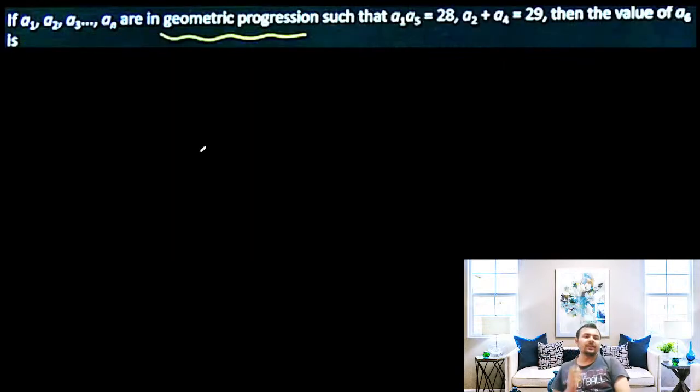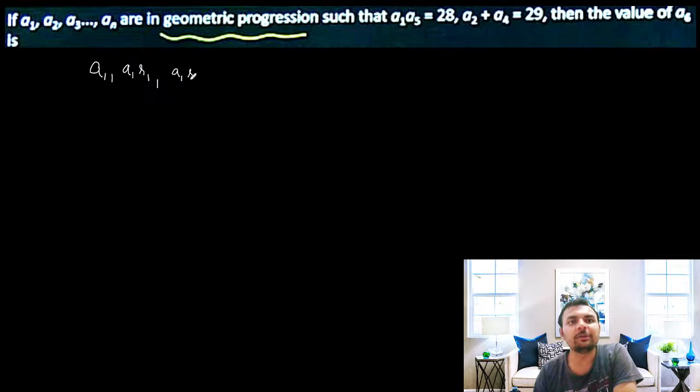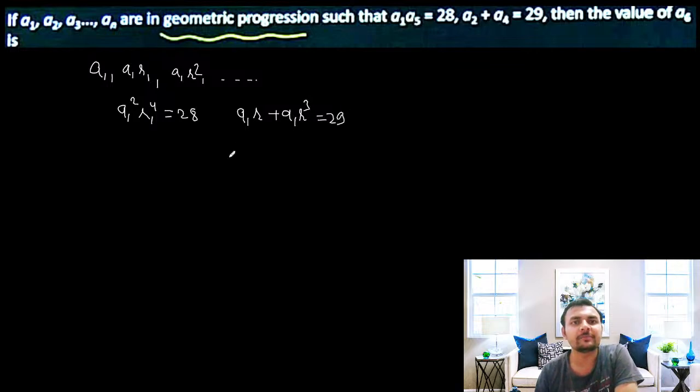Moving ahead. A1, A2, A3 are in geometric progression such that A1 into A5 equals 28. So it is A1, A1R, A1R square. It will go this way. So A1 square R to the power 4 equals 28, and we have A1R plus A1R cube equals 29.